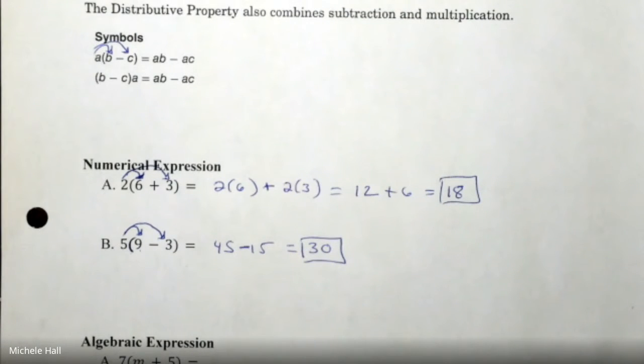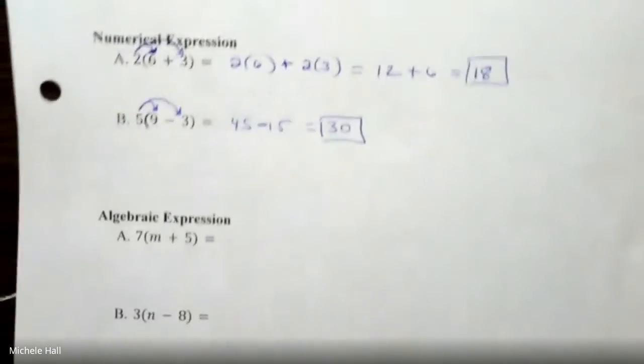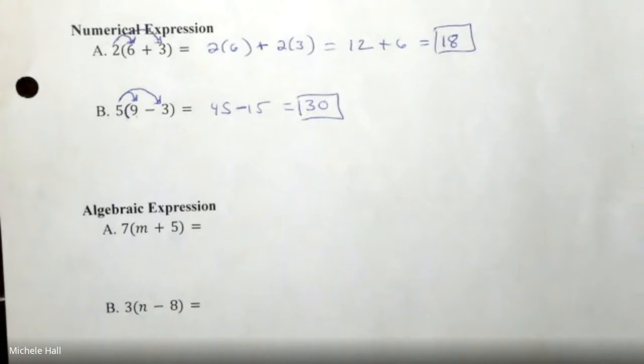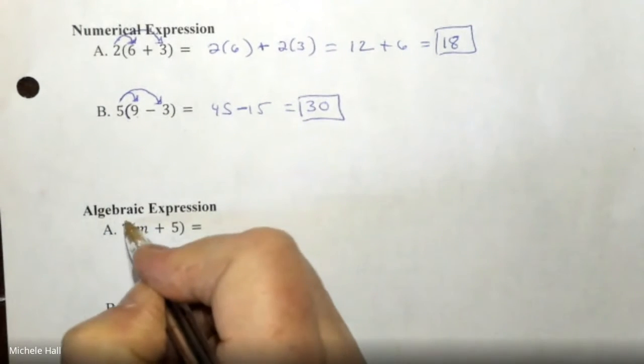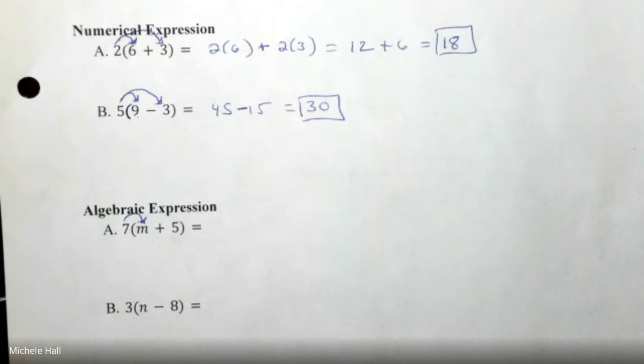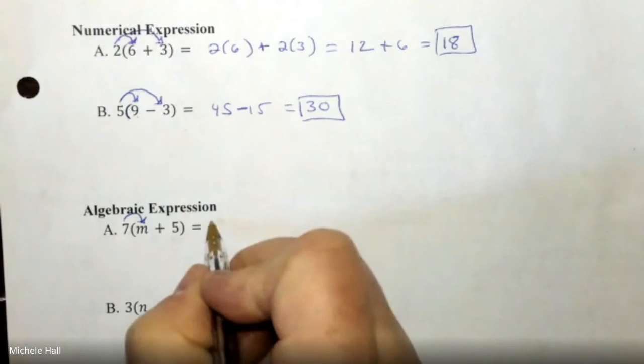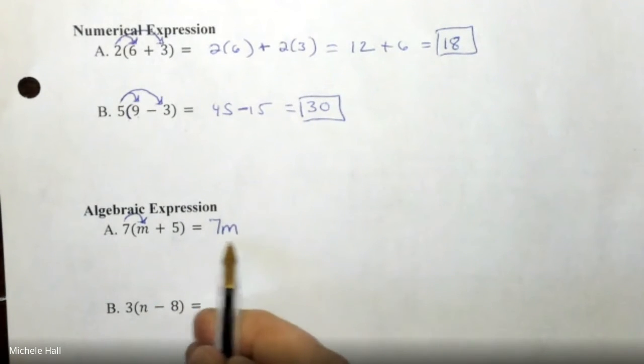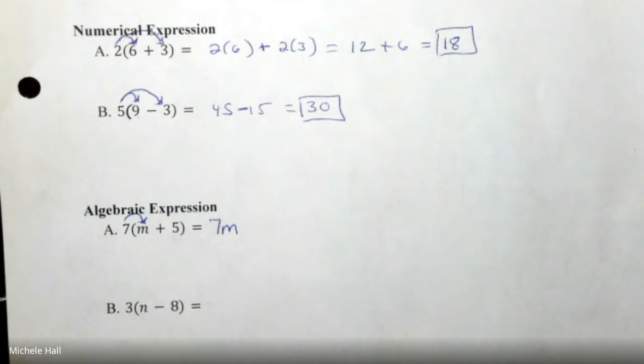It's just all numbers. Let's see what it looks like when I have an algebraic expression. Now I've got some algebra because there's a variable in here. It's not just numbers, so you do the same thing. 7 times m. What do you think 7 times m is? It's 7m. You put them next to each other, and that shows they're being multiplied. That's all I can do. I don't know what m is.